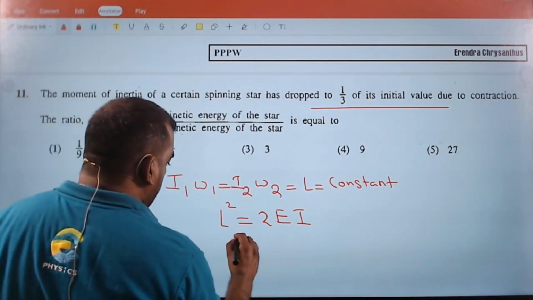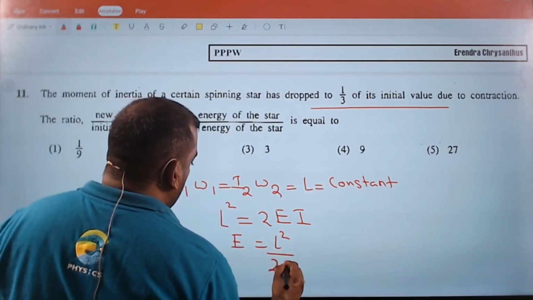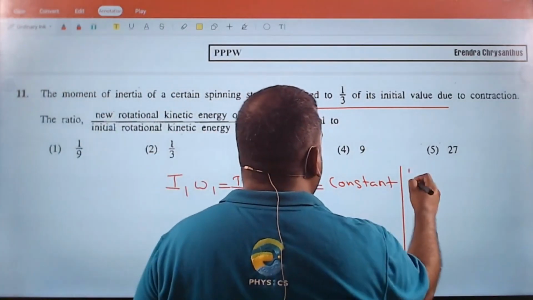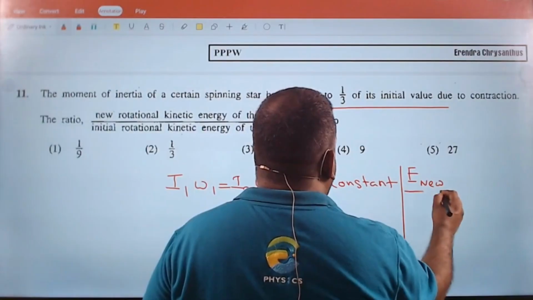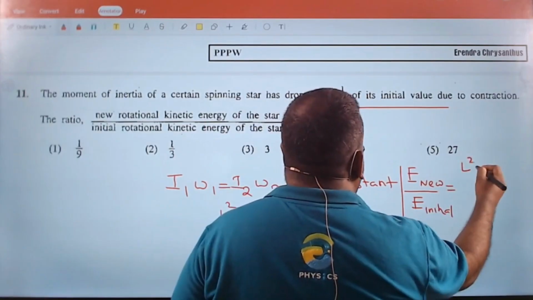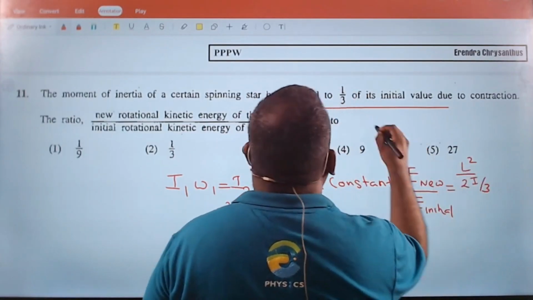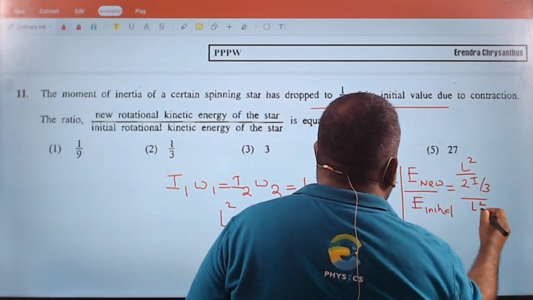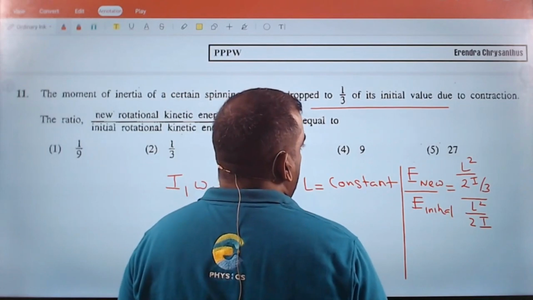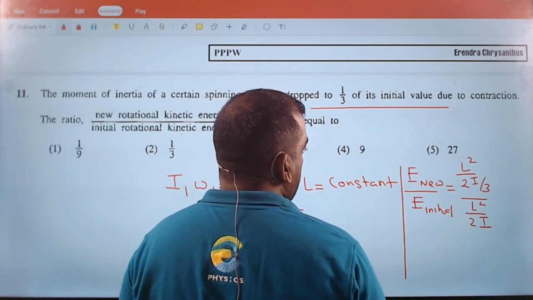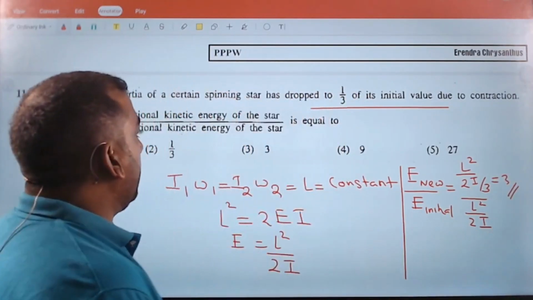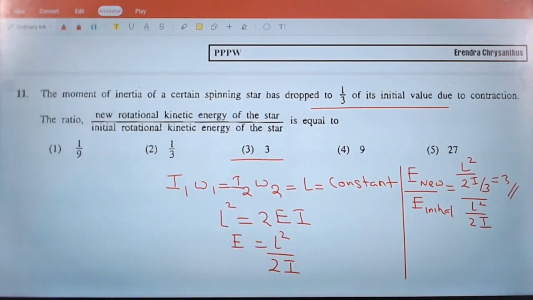Angular momentum is constant. So new rotational kinetic energy divided by initial rotational kinetic energy: L squared over 2 times I over 3, divided by L squared over 2I. Simplify the relationship. L squared over 2I cancels off. Ratio is 3. Answer number 3.